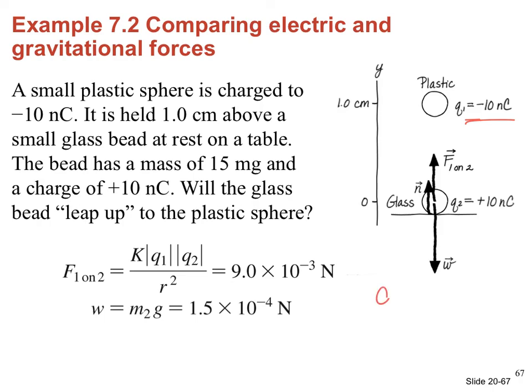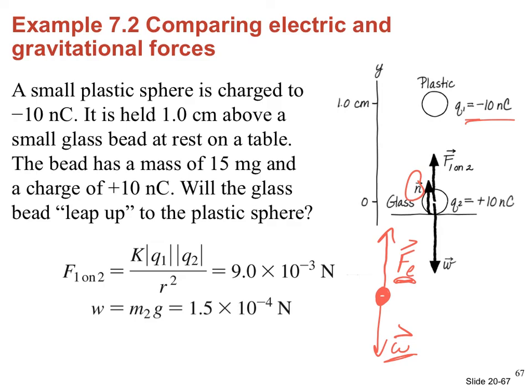There is an opposite charge going on, which means there's going to be an electric force going up, and there's going to be weight going down. And our question is which one's larger? If the weight is larger, then all the electric force is doing is decreasing the normal force.